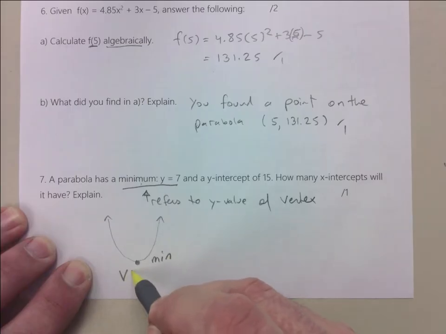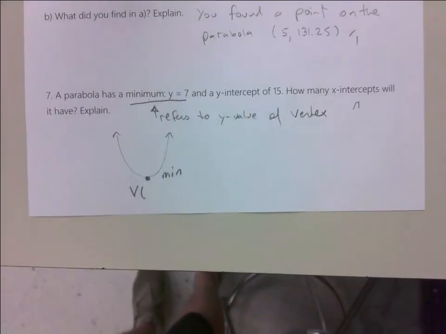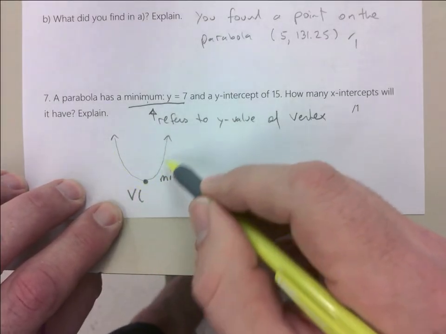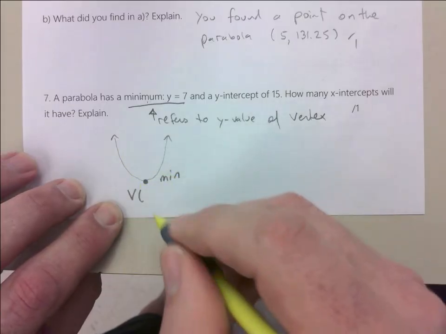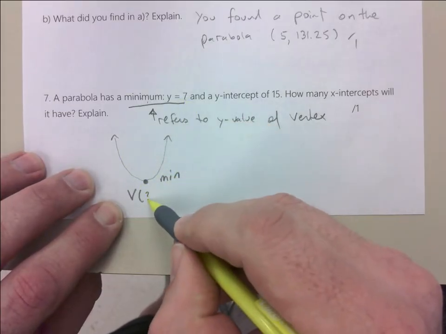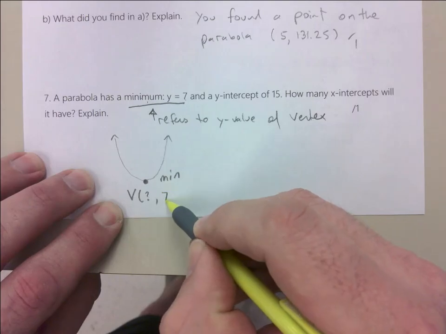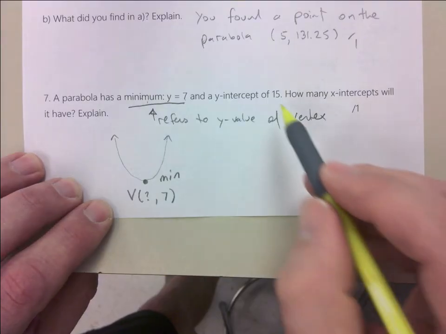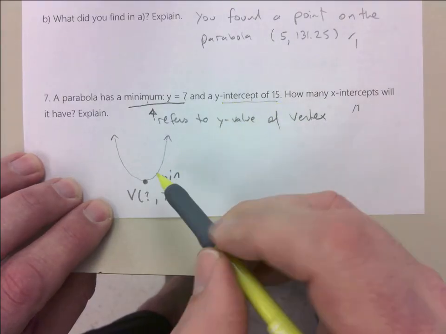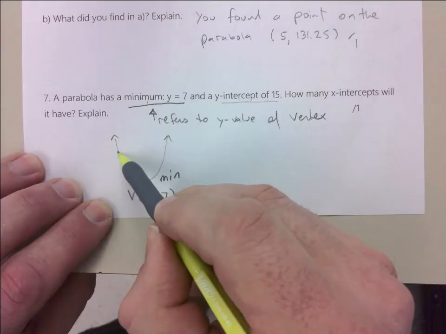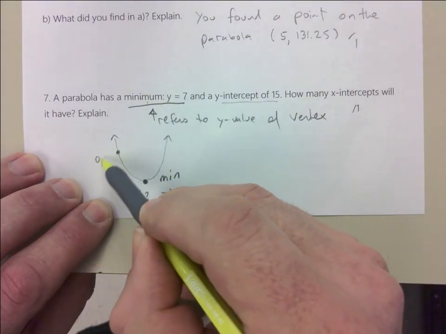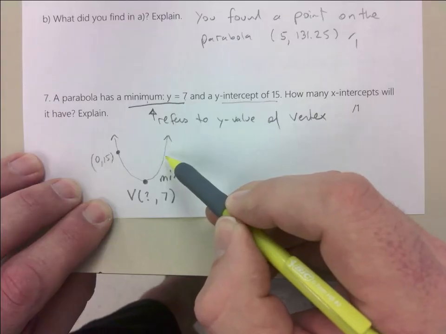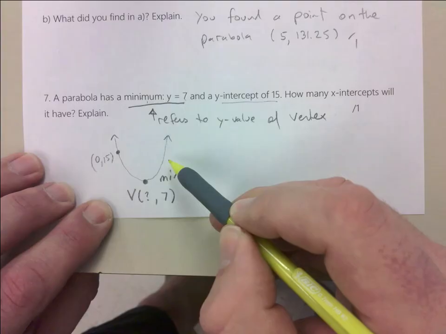We know that because of the wording, it's pointing up. We don't know this value, but we do know that this is 7. And the y-intercept is 15, so it's somewhere here. Could be over here as well, we don't know for sure.